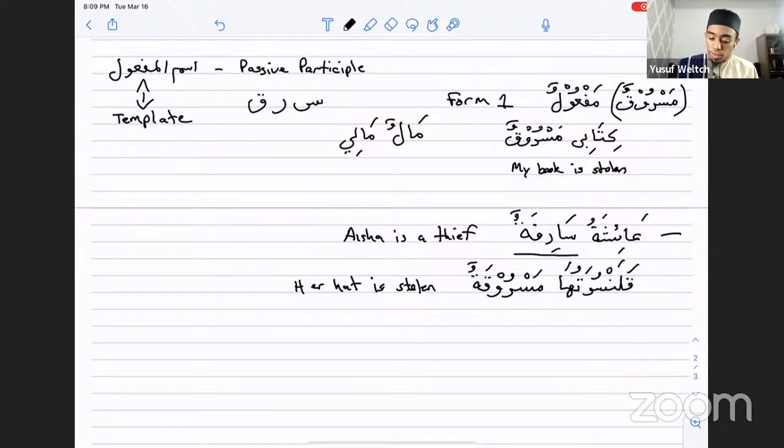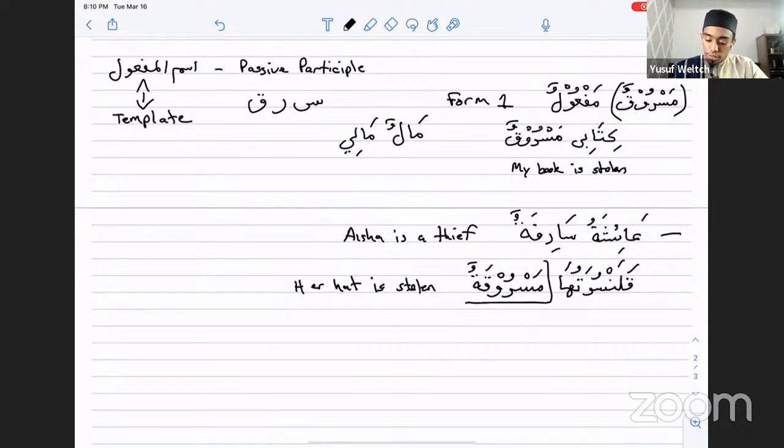What type of noun is this? Sariqa? Ism al-fa'il, the active participle, because that's the doer of the action, mentioned in a noun form.